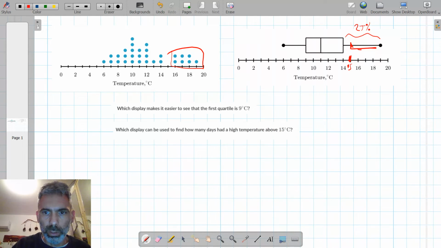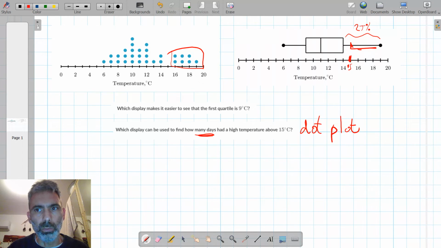The answer to this question is the dot plot, because we saw that we cannot tell how many days from the box plot, because the box plot does not tell us how many data points we have above 15 degrees Celsius. The dot plot does tell us this information.